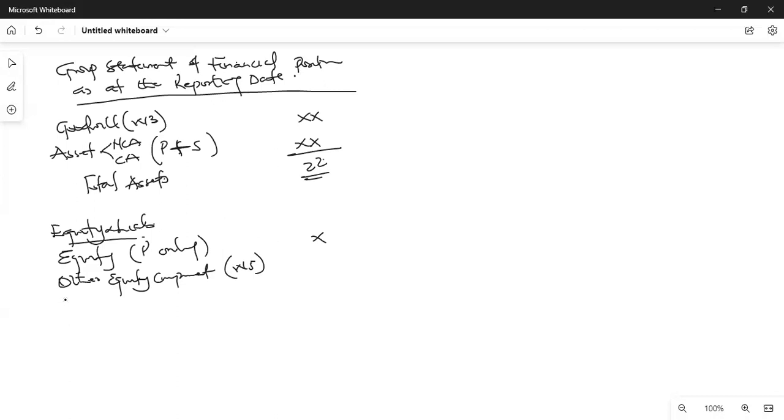Then you have retained earnings, which I'll also show you later in working 5. Then you have what we call non-controlling interest, which I'll show you later in working 4. When you sum them up, you have your total.